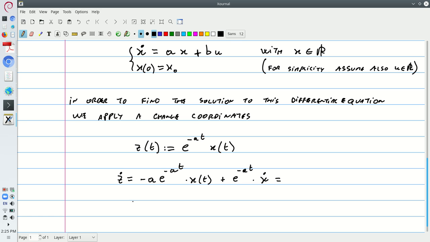The nice thing is that now I have minus a exponential of minus at x, I'm omitting the argument of t, plus, and now I can replace x dot with the expression given by the state equation. So I have exponential of minus at that multiplies ax plus bu.